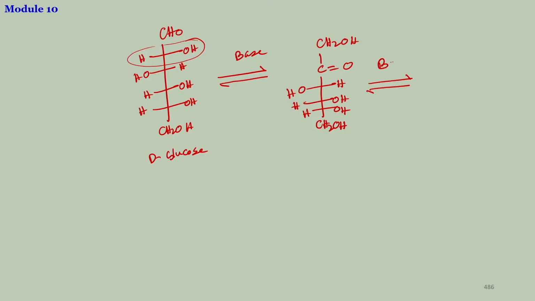Similarly, with base, the next reaction can be something like this, that this has H here. So, instead of CH2 you write CHOH. So, base would take up this, it becomes minus, minus would come here, it will go there. So, CHOH, COH.